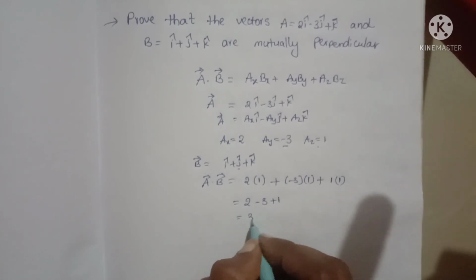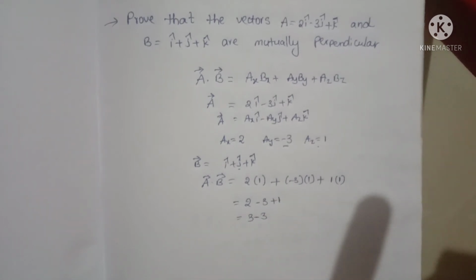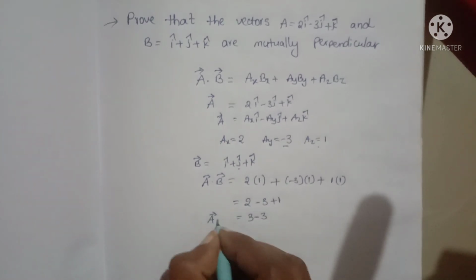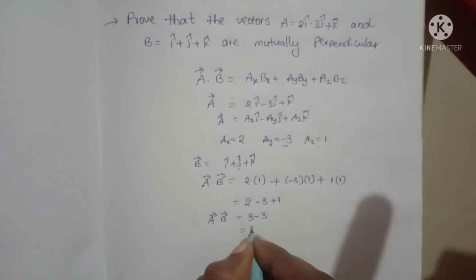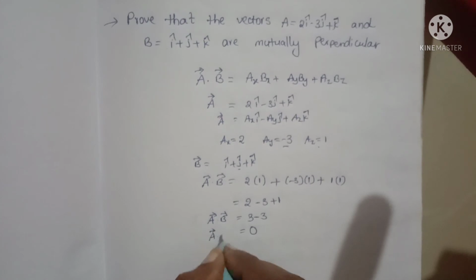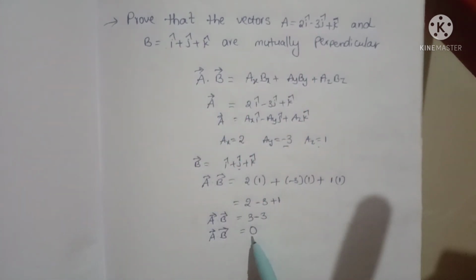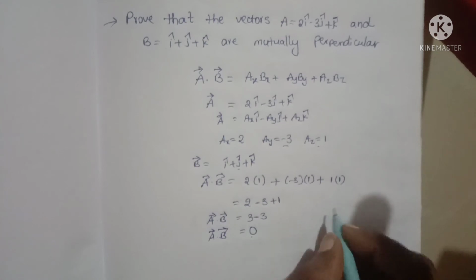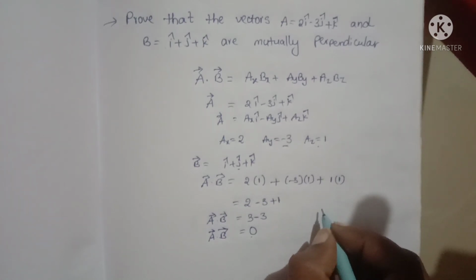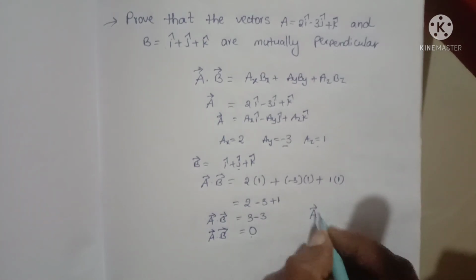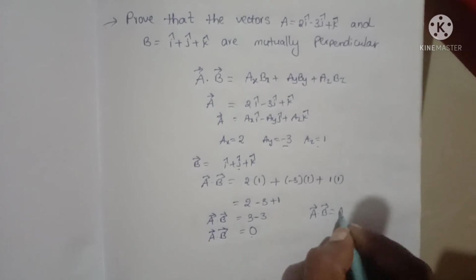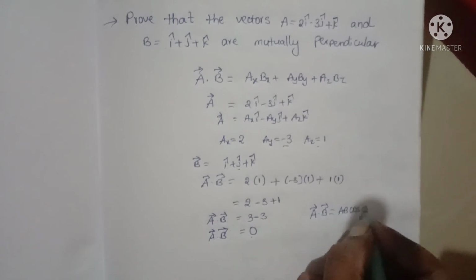So 2 plus 1 is 3, minus 3. Then 3 minus 3 means 0. So when we do the dot product of these two vectors, we got the answer 0. Now we can find out whether these two are perpendicular or not. We know the formula A bar dot B bar equals AB cos theta.